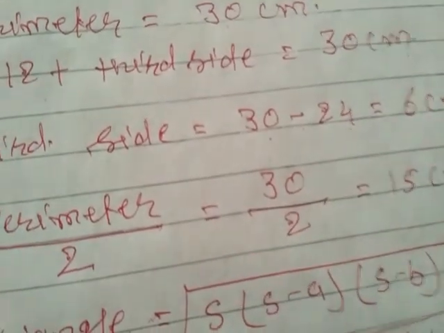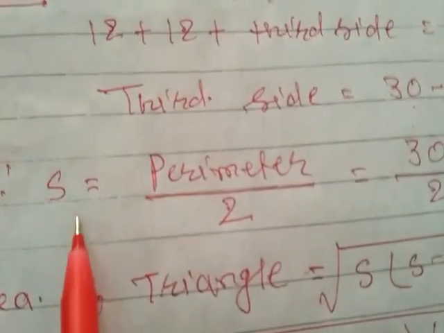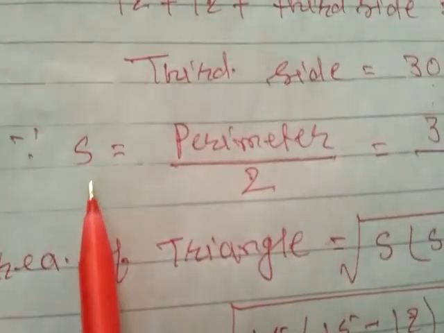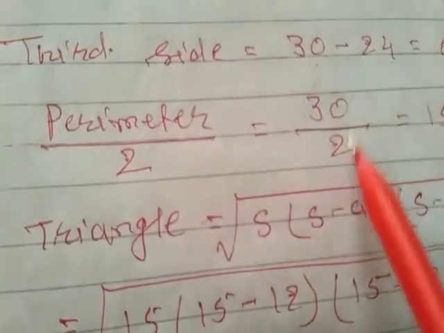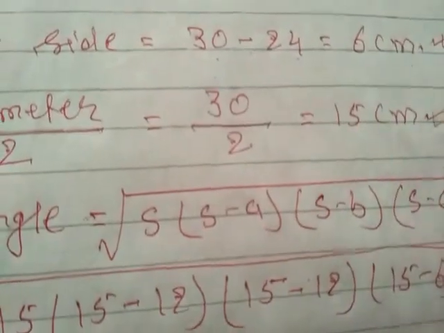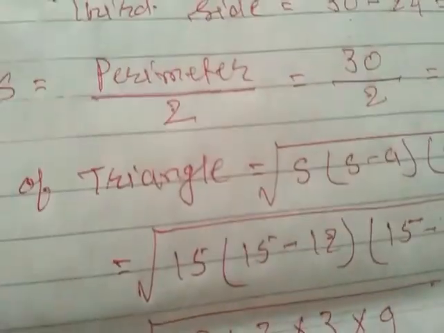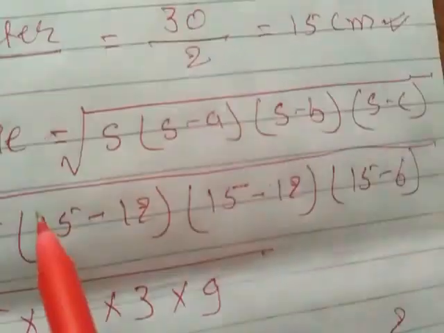This is the value of S. Now, applying Heron's formula, which you know, area of triangle by Heron's formula is under root S into S minus A into S minus B into S minus C.